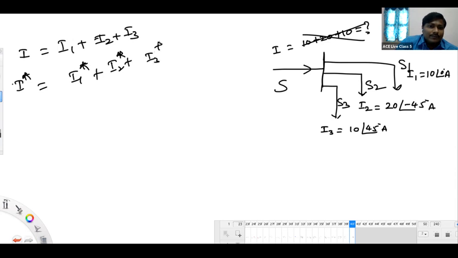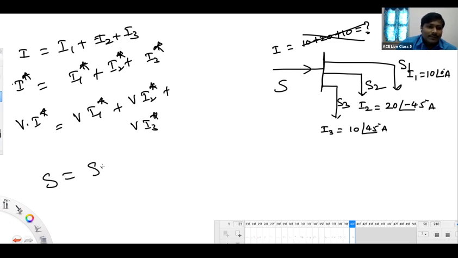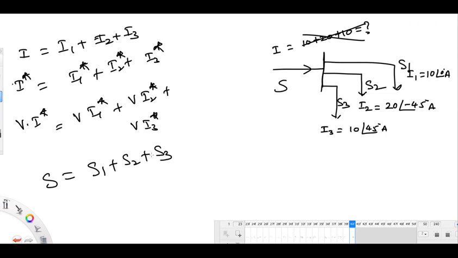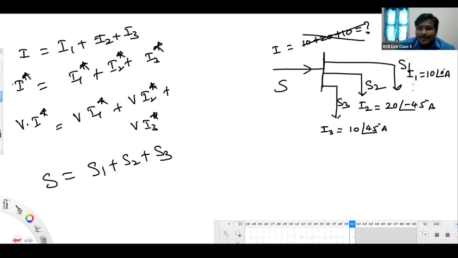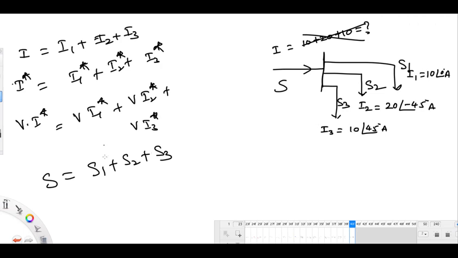Multiply with V: V I1 conjugate plus V I2 conjugate plus V I3 conjugate. That's it. Complex power S equals S1 plus S2 plus S3. You are not summing up magnitudes, you are summing up phasors. Same thing I have written, nothing more than that.